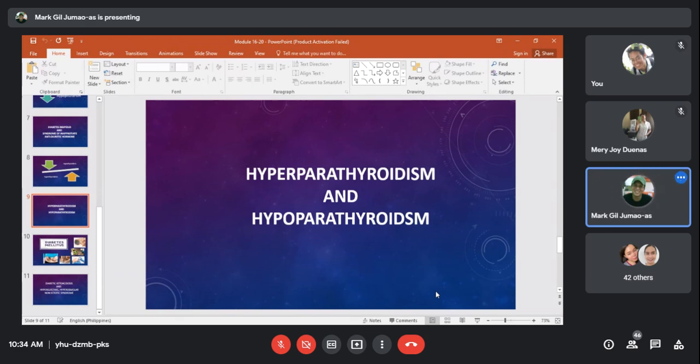And then there is also your hypophosphatemia. So interventions for your hyperparathyroidism here is diuretics, your Lasix or furosemide will also be given. Why? It's because as much as possible, we will excrete too much calcium within the body.